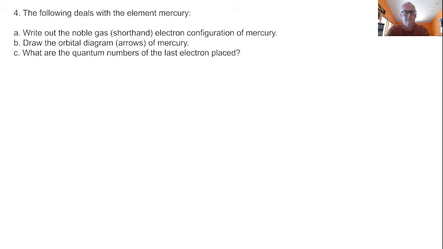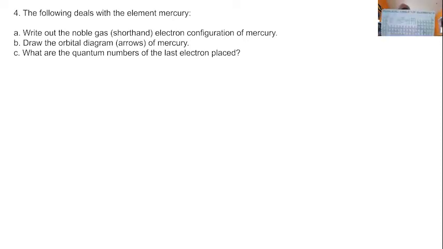Like, instead of writing the entire thing out, you write it out to the nearest noble gas. Right. We could start with 1s2, 2s2, just keep going and going and going. But with the noble gas shorthand, yeah, we just find whatever noble gas is the next smallest and just start from there.